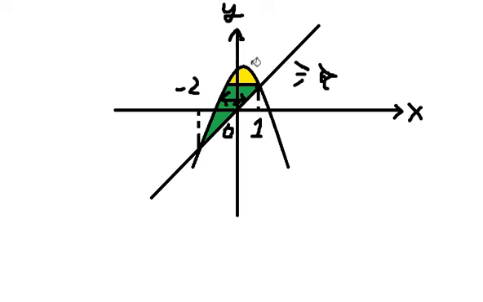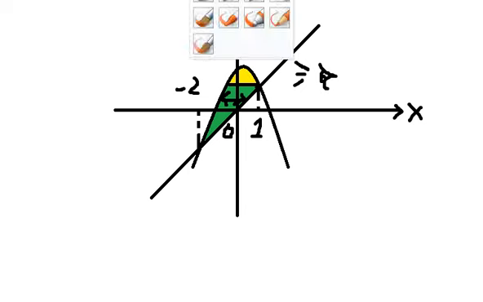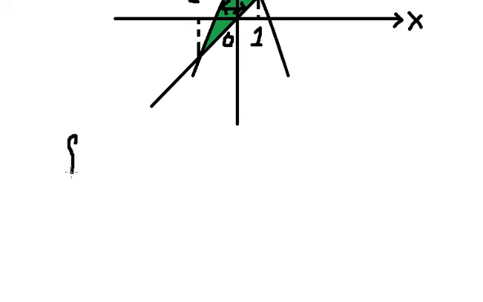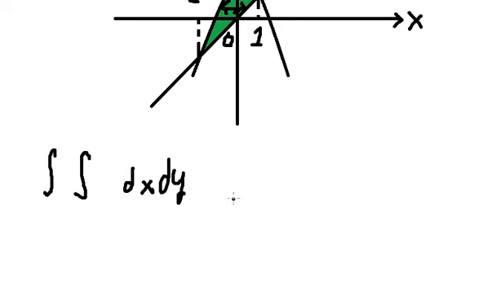Because this one is about the curve, not the straight line, we need to divide this region into two locations. So in this one we will have two double integrals.